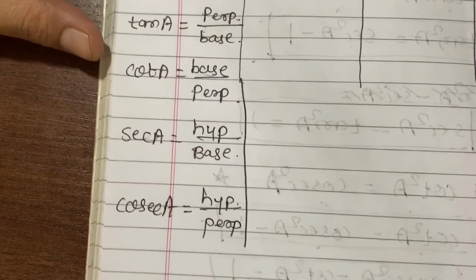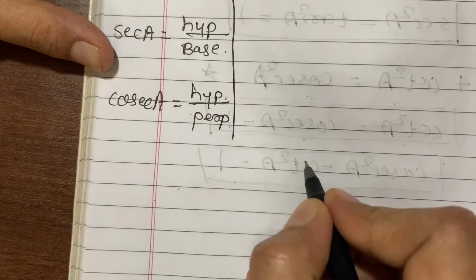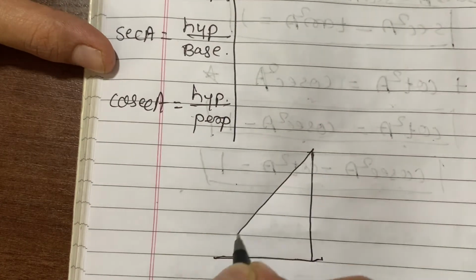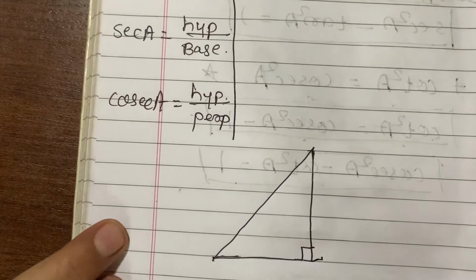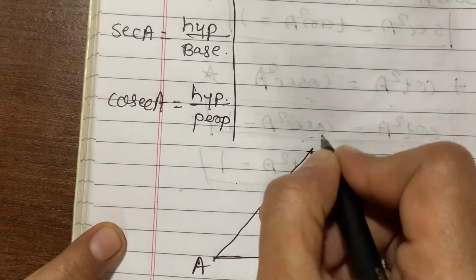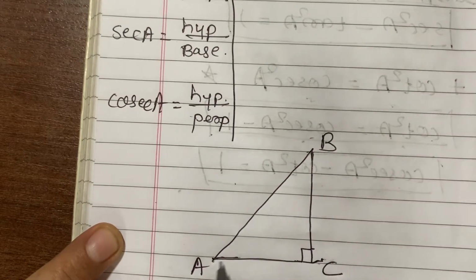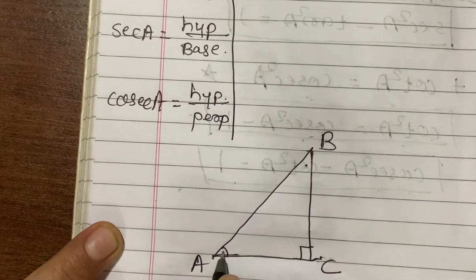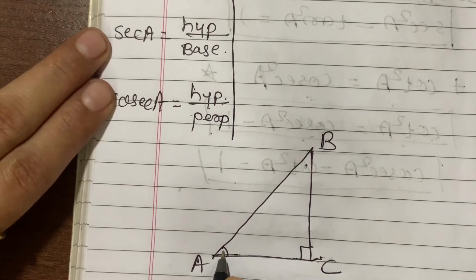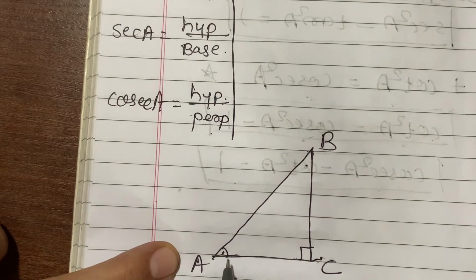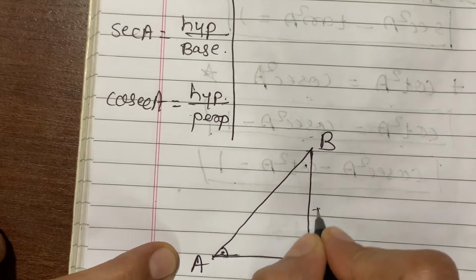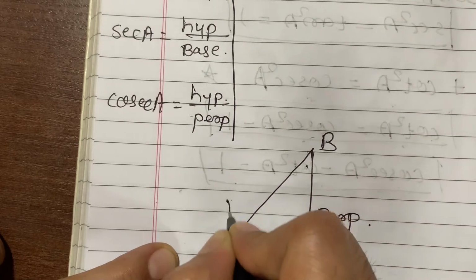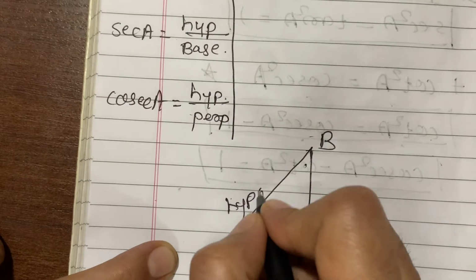All this trigonometry moves around which triangle? It is a right angle triangle. Suppose this is angle A, this B and C. These two are the acute angles, and all the relations I have written just now are related to angle A. Related to angle A, this is the perpendicular, this is the base, and this is the hypotenuse.